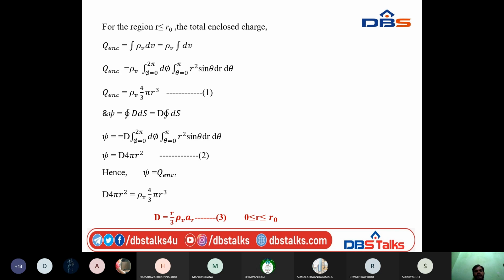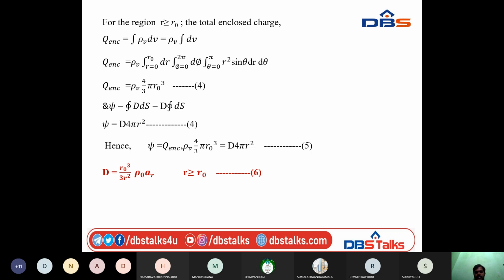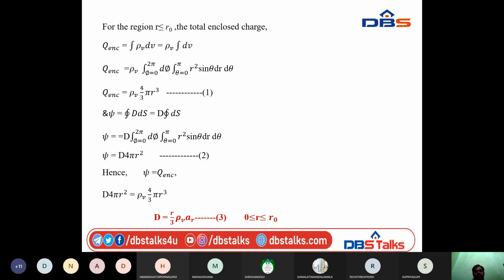Now I have found the value of Q enclosed, but I also require the value of psi. We already have the relation between the flux and the flux density: psi equals the integral of D dot dS.